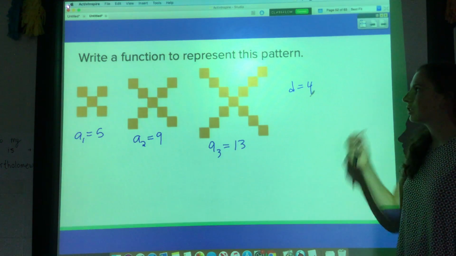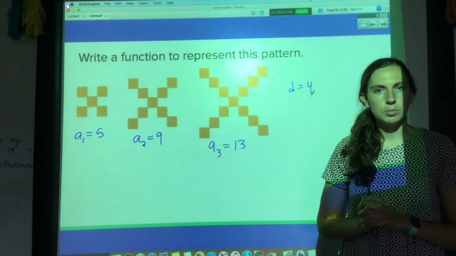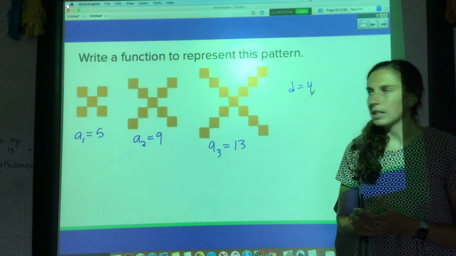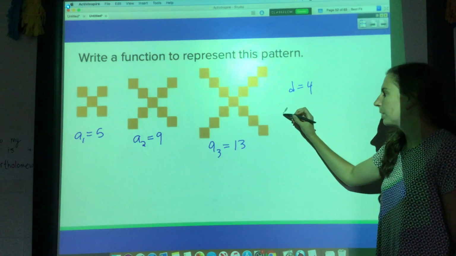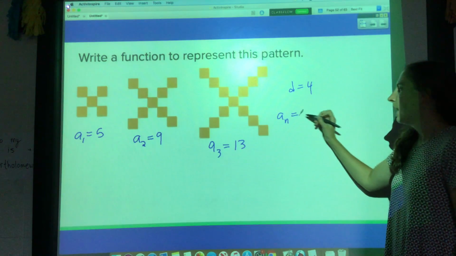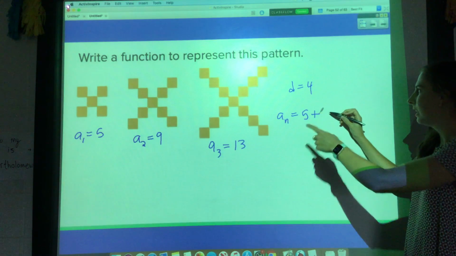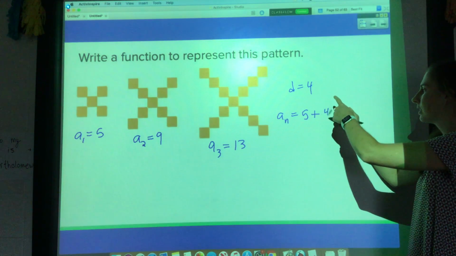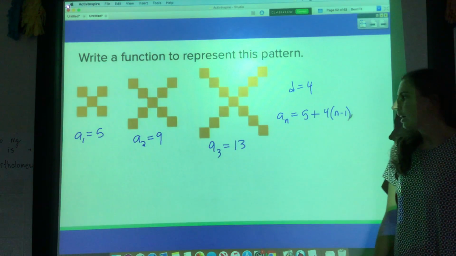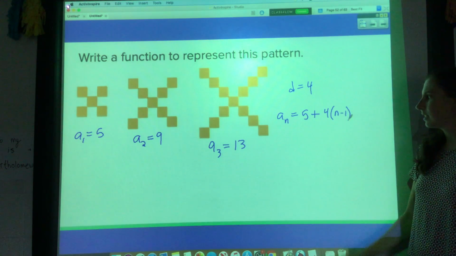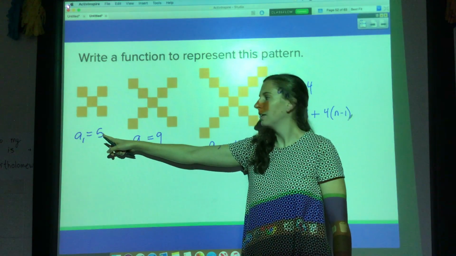If I want to write a function to represent this pattern, I get to choose. Do I want to use recursive or explicit? I'd go with explicit, but if you want to do recursive, you can. For an explicit formula, I'll take the first term, 5, and then add the common difference n minus 1 times. Again, just as a reminder, that's because I'm not adding 4 the very first time.